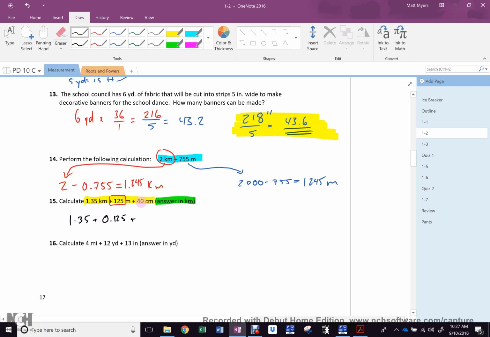Now, what about centimeters? 0.040 to go centimeters to kilometers. How many decimal places do I need to go centimeters to meters? 2, and then meters to kilometers, 3, for a total of 5. Where does the decimal really live in 40?